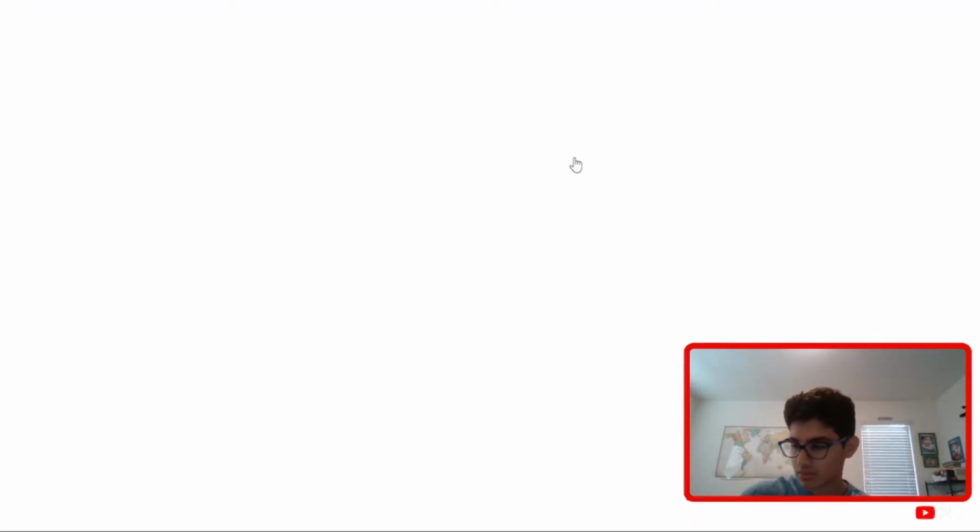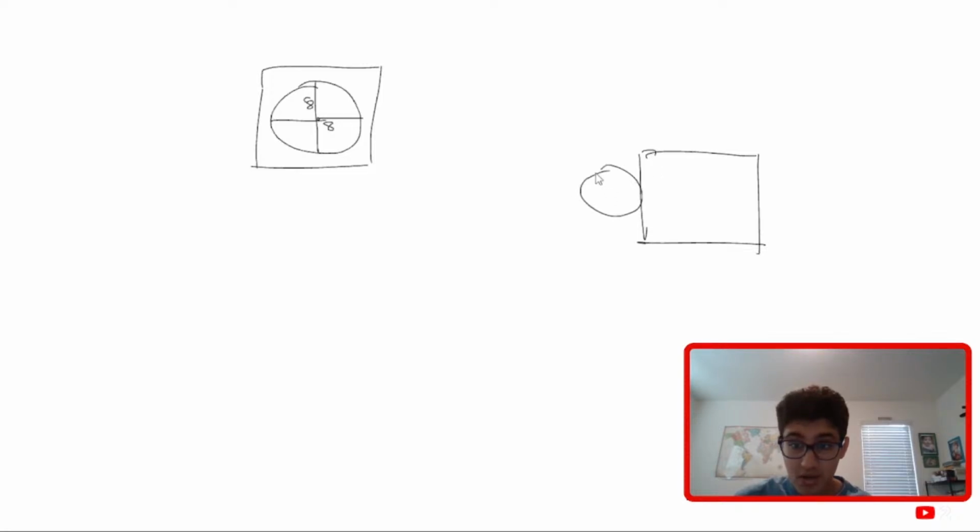Hmm. So it's basically like this in a square, right? This thing is 8. This thing is also 8. So it's going to be some square. I know that. And basically you have to have it so that the 8, you can go from right here, which doesn't work.